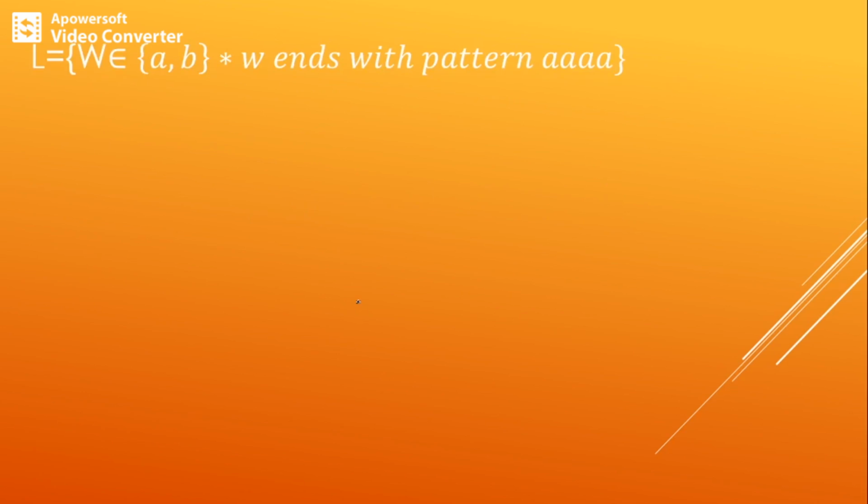Next we'll write a regular grammar for W belongs to, that is W is nothing but strings belonging to A comma B star, such that W ends with the pattern A. Now before this, the regular expression is of the form A union B whole star A. What is a must in this case?